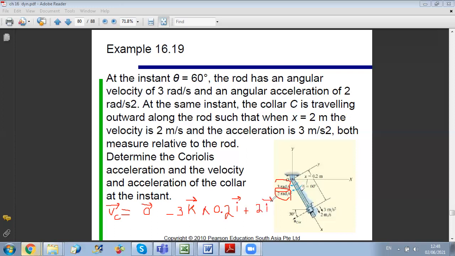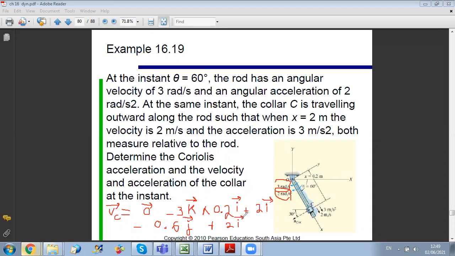Now, if you expand, k vectorial small i is plus small j, and with the minus, it's minus 0.6 times small j plus 2 times small i. In this way, we calculated the expression of velocity of C.